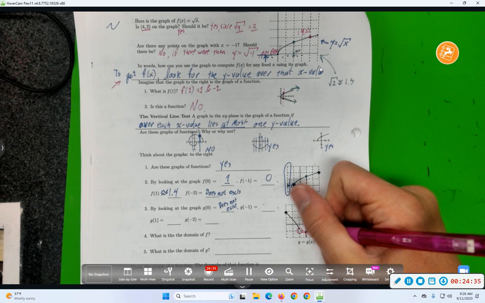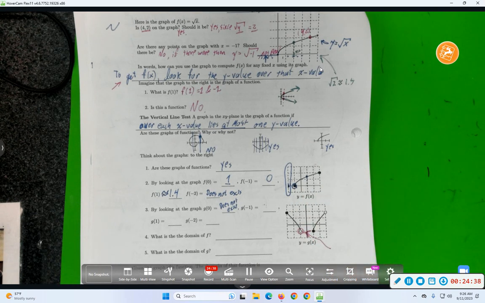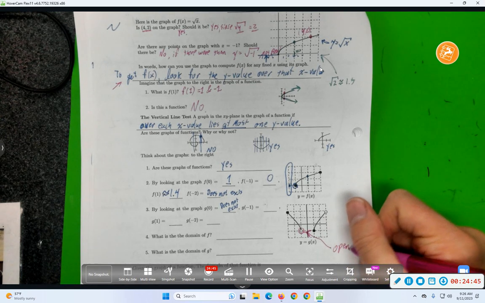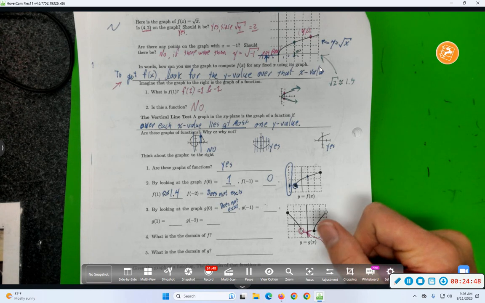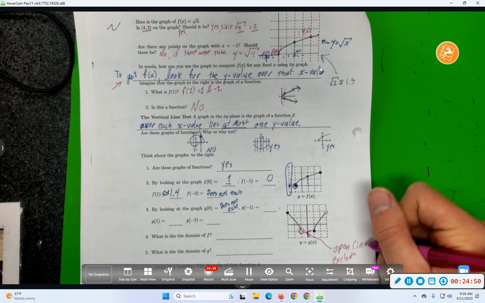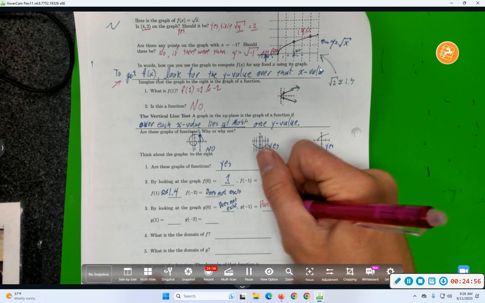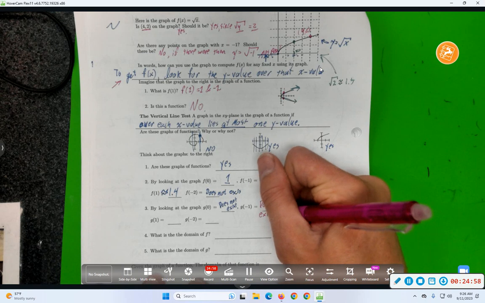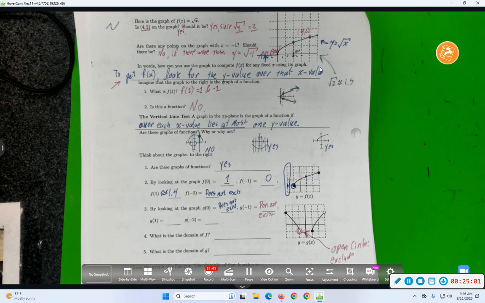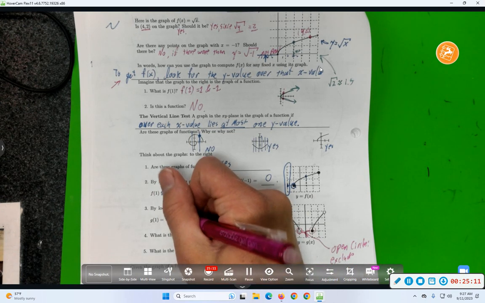And this is a sneaky way for me to also remind you of some notation. Whenever you see an open circle on any picture, that means that point is specifically being excluded. On the other hand, g of 1. This one is negative 1 because there's a solid dot. Solid dot means that point is specifically included.